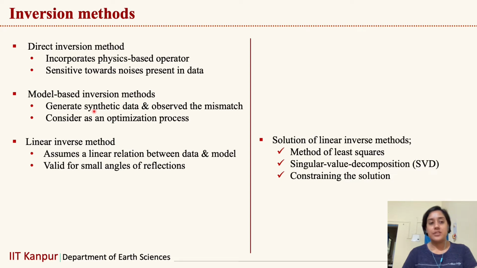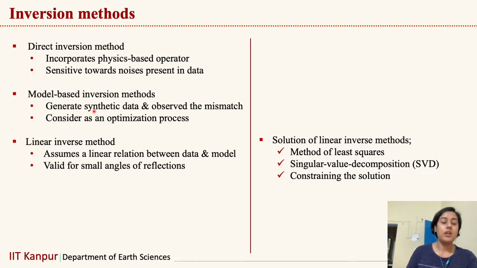And apart from this, there is another scheme available called the linear inverse method. As its name suggests, we are assuming that a linear relation exists between the data and the model parameters, which is not completely true, because we know that no exact linear relation exists, but we assume it to some extent.